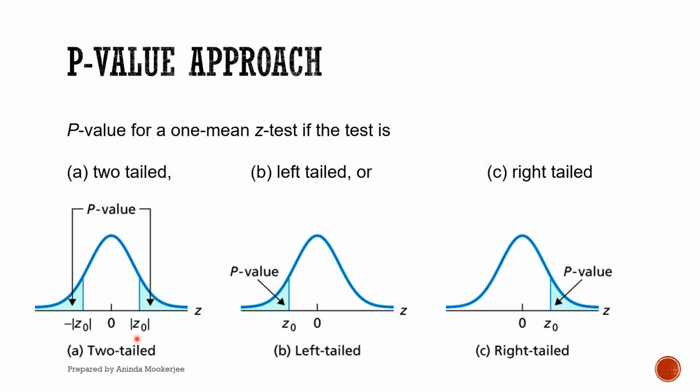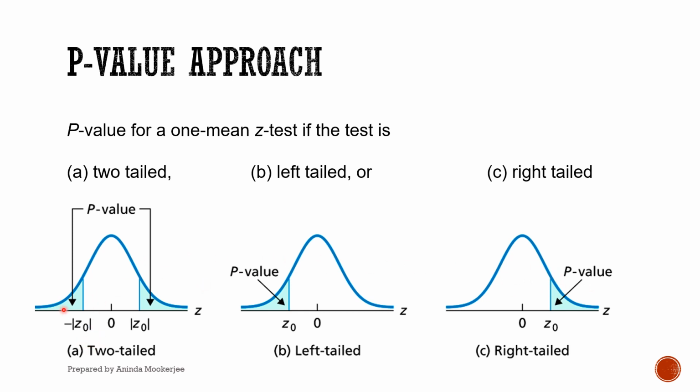Now, just like we drew diagrams in the critical value approach, where we had three different graphs for two-tailed, left-tailed, and right-tailed tests, with reject regions and do not reject regions. In the p-value approach, you will not find a reject region and a do not reject region in any of these pictures.